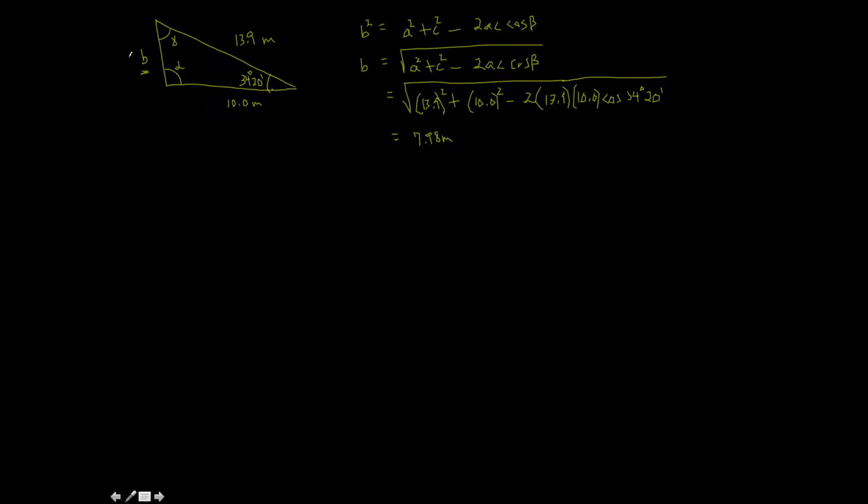Alright, so we know this is 7.98. Alright, well, now we know all 3 sides. We know one other angle. So because of that, to find one of the other angles, we can use the law of sines. So remember our goal.